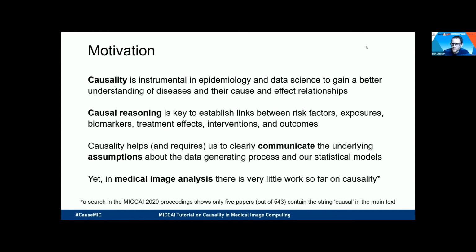That doesn't mean those papers were actually on causal reasoning. I think none of them were, but these papers did mention in some aspect a causal relationship between their data or their models. So that's quite striking, and hopefully next year, at MICCAI 2021, this will have changed.